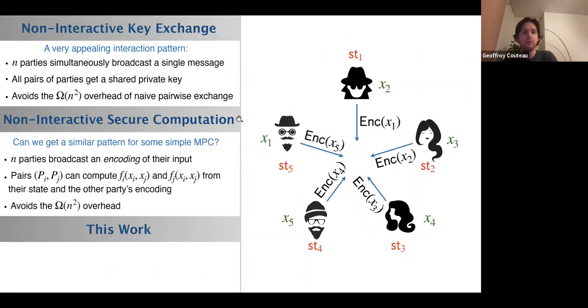So a natural question is to wonder, would it be possible to obtain a similar appealing interaction pattern for some simple MPC functionality that goes beyond simply doing key exchange?